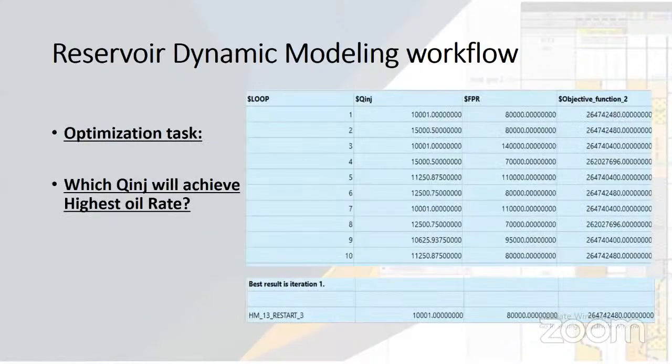For optimization, as we mentioned, in this case, as you can see, we want to know which optimum injection rate gives the highest oil rate. So as you can see, we have 10 cases, and for each case we have a different injection rate and we have the field production rate.